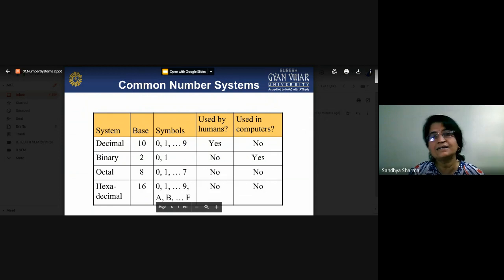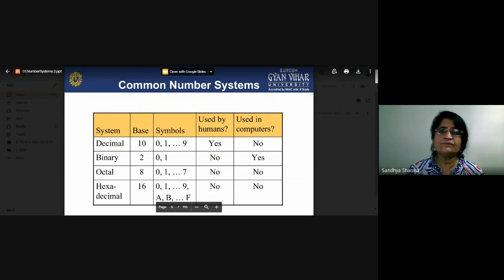Octal and hexadecimal number systems are used by neither human beings nor computers. They are basically used for coding purposes, in languages used for assembly language programs.